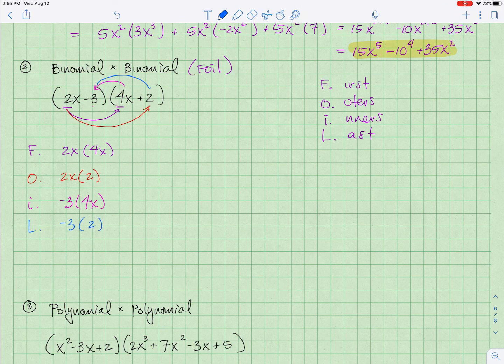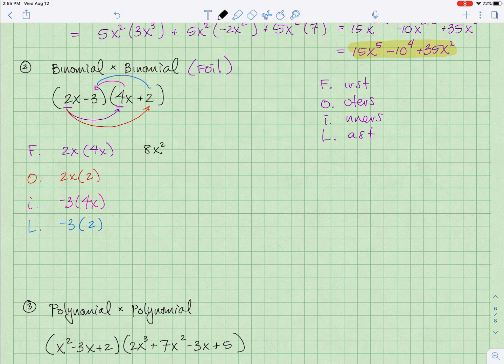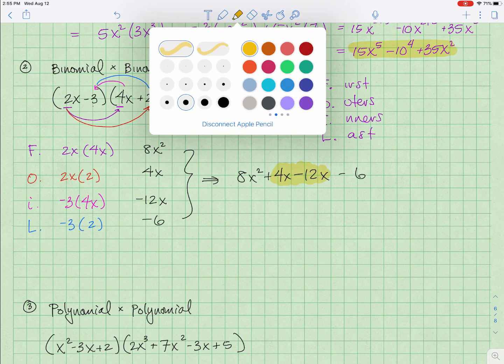And then, of course, we simplify each one of these. This is 8x squared. This is 4x. This is negative 12x, and this is negative 6. And then we add them all together: 8x squared, positive 4x, negative 12x, negative 6. And then if we have any, we combine like terms.